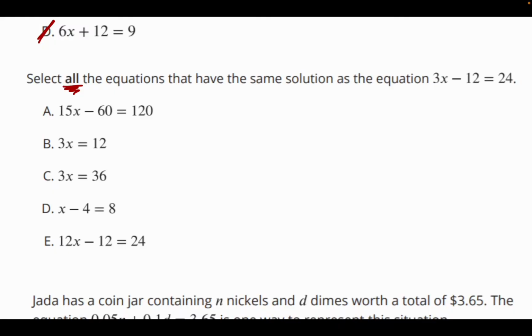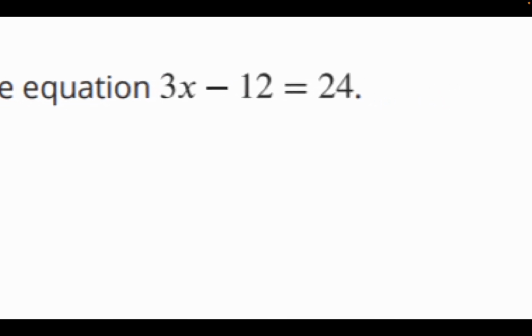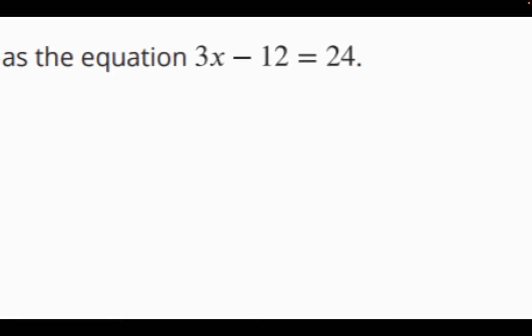If you're just not sure, you can actually solve the equation and then use that answer and plug in. So I'm going to zoom in over here, and I'm just going to show my work and solve for this one here. I'm sorry it's a little blurry, but that's what happens when I have a screenshot of a question.